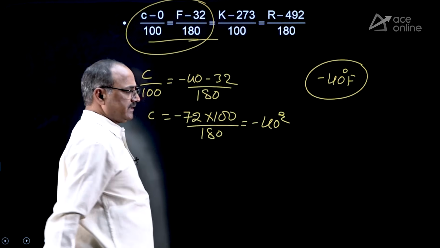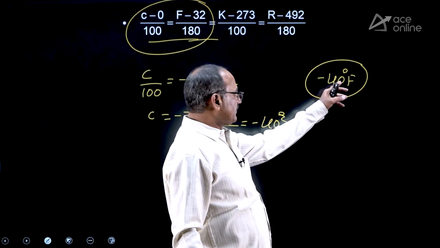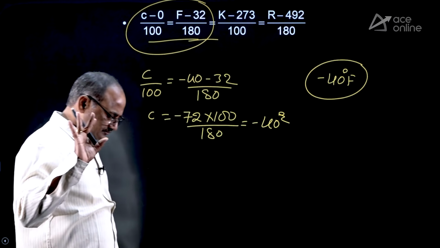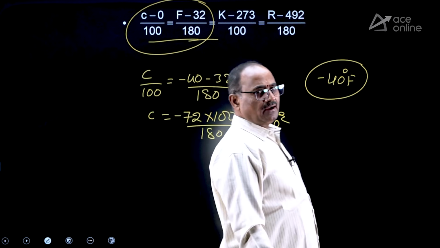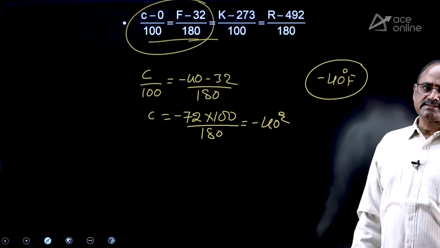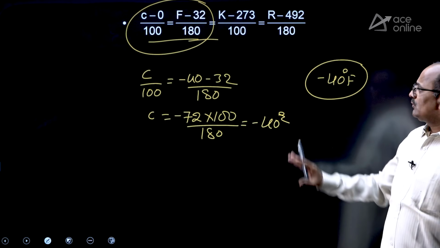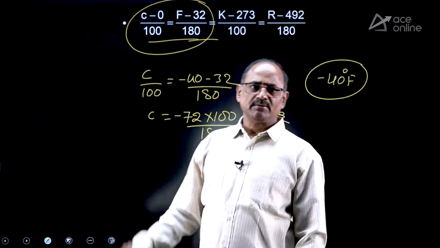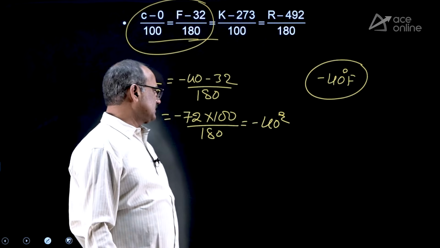From that, the moral is that minus 40 degree Fahrenheit equal to minus 40 degree centigrade. That means at a thermometer reading of minus 40, both the centigrade and Fahrenheit scales coincide. So try to remember this relation for converting one temperature scale to another.